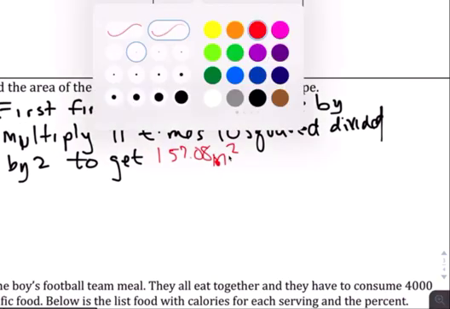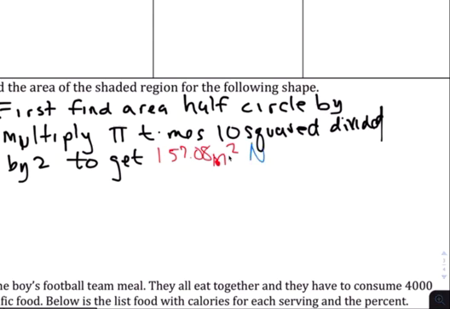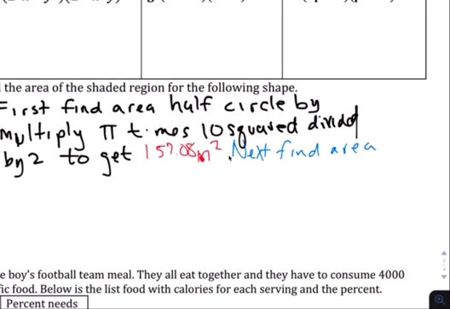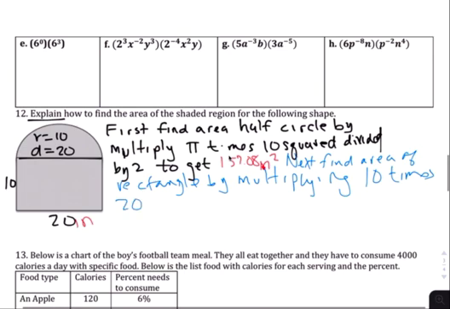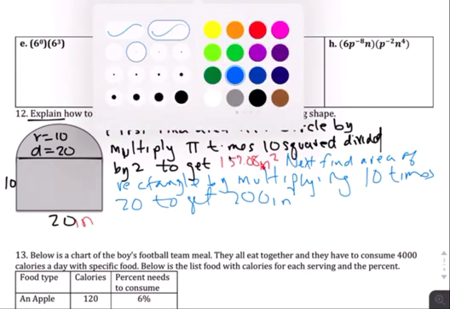Next, find the area of the rectangle by multiplying 10 times 20 to get 200 inches squared.